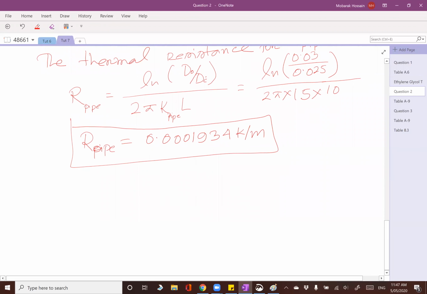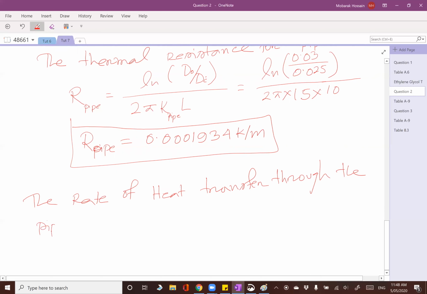Now the rate of heat transfer through the pipe wall is the inner surface temperature minus the outer surface temperature, over the thermal resistance of the pipe.